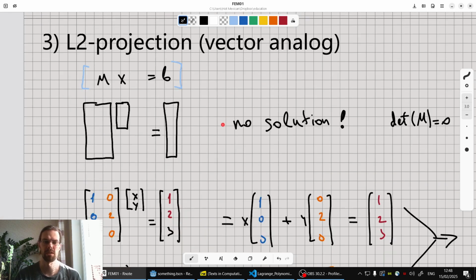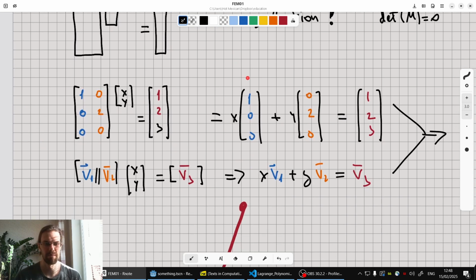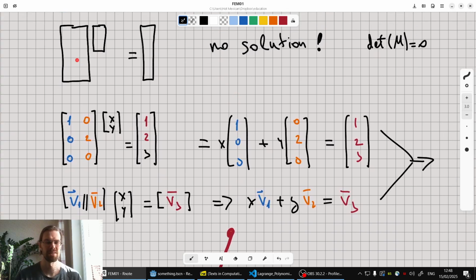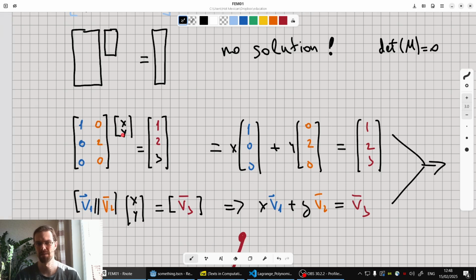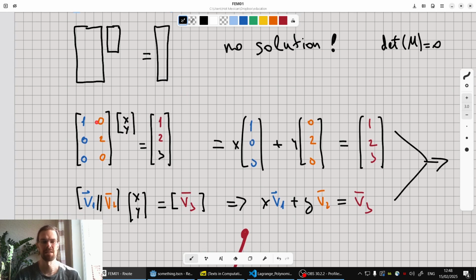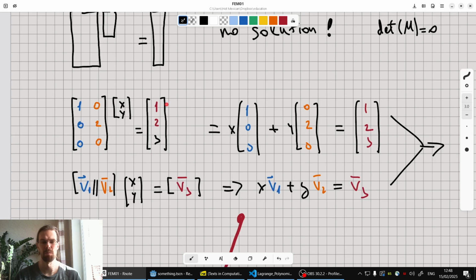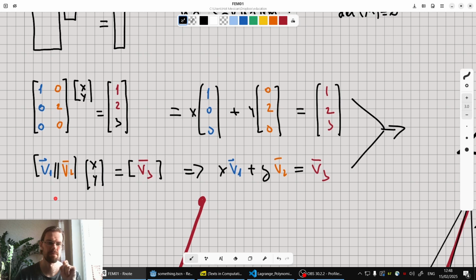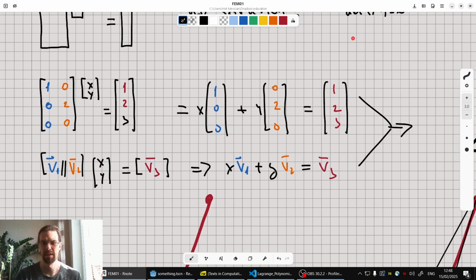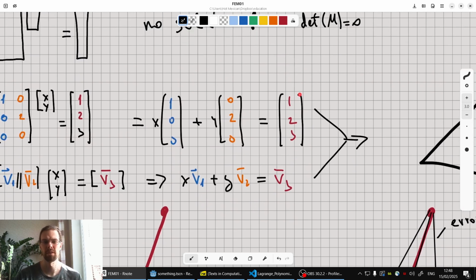But again, my best approach is thinking of these problems as finding such a linear combination of the column vectors in matrix M that will point to the vector b, like this. Anyway, you get the point.